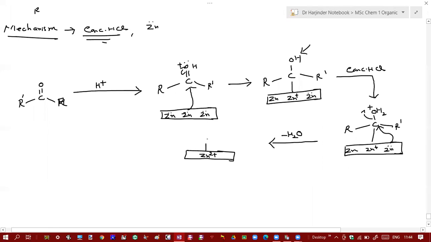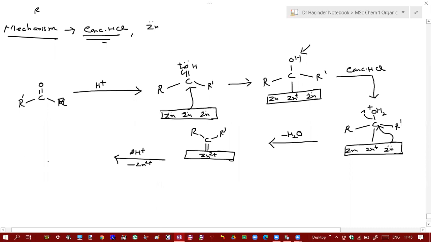Then R and R. And now what will be the last step? Addition of two H plus ions will take place to this carbon, and they will come from the acid. So 2 H plus ions will go to this carbon and this zinc metal will be removed.